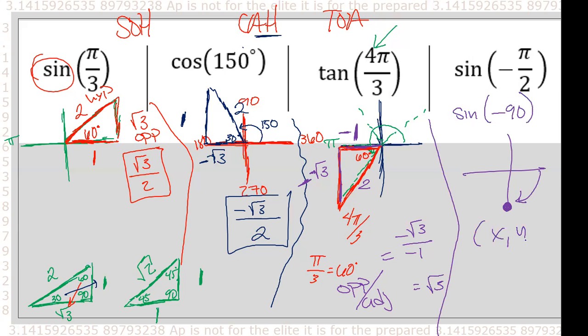So what is this coordinate right here at 270? What is my x? What is my y? Hopefully you saw that the x is 0 and my y is negative 1. So here we know that sine is your vertical distance, so associate it with your y's, and cosines are your x's. So in this case, my y is negative 1. My answer is negative 1.